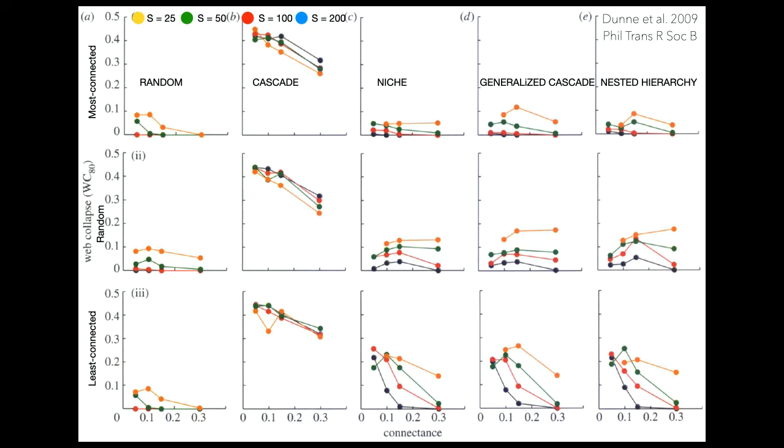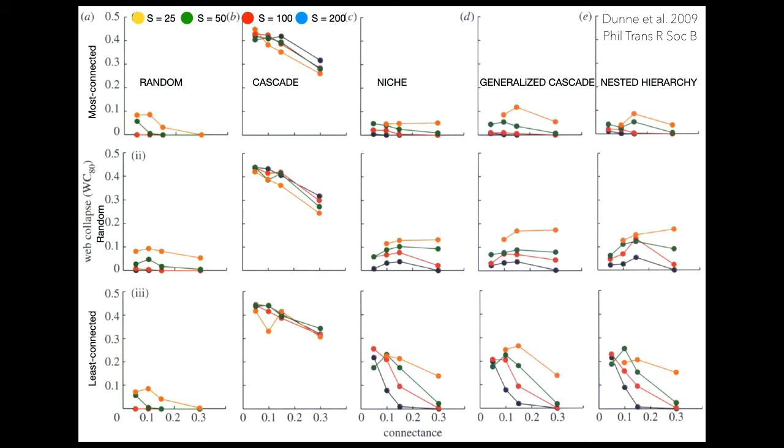The most important point of this graph is that, again, as we can see, the niche model and the generalized cascade model and the nested hierarchy model produce quite similar results. And those are remarkably different from both a cascade model and a random model.